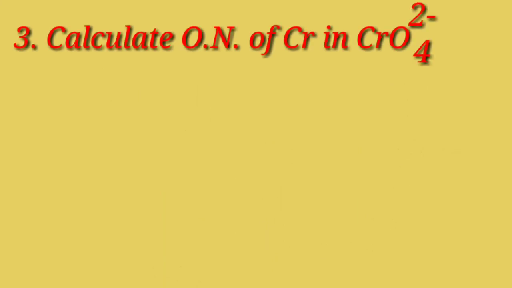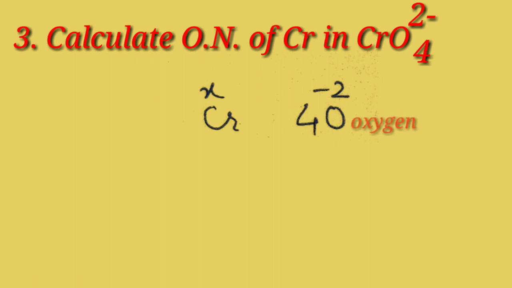Next, calculate the oxidation number of chromium in the chromate ion, that is CrO4 2-. Let us consider the oxidation number of chromium as X and that of oxygen as -2. There are 4 atoms of oxygen. So we can write X plus 4 into -2 is equal to -2.